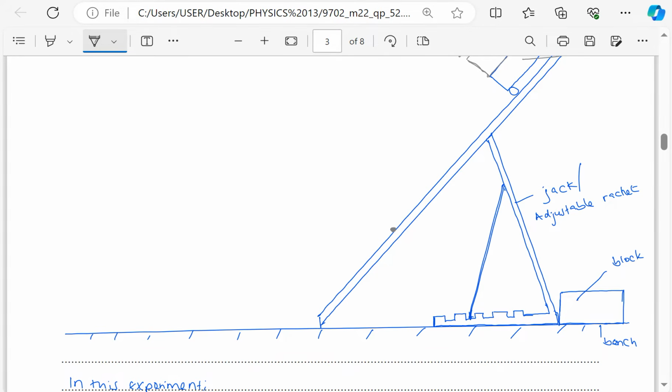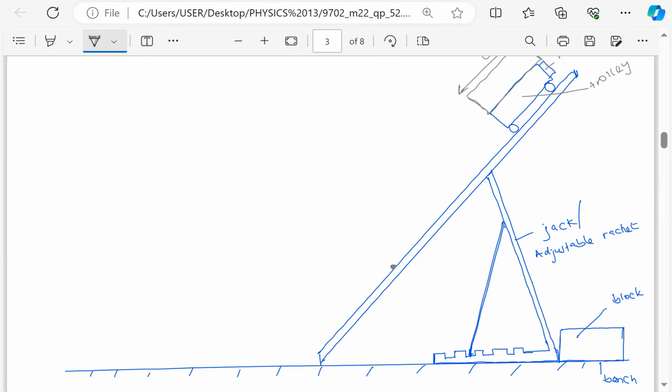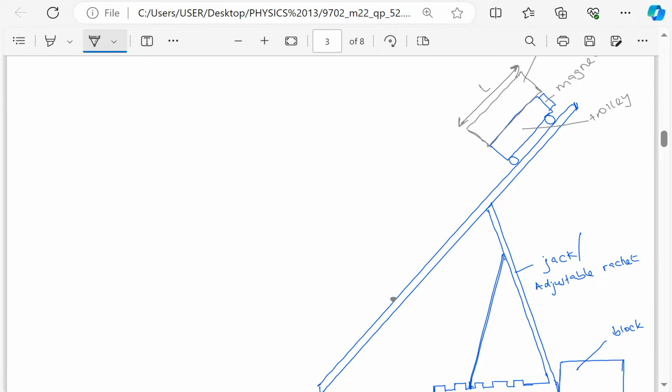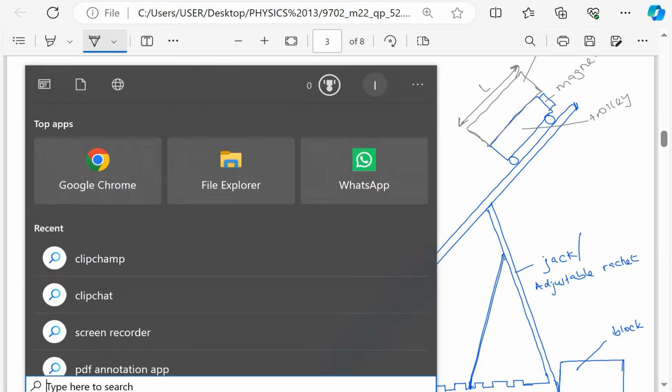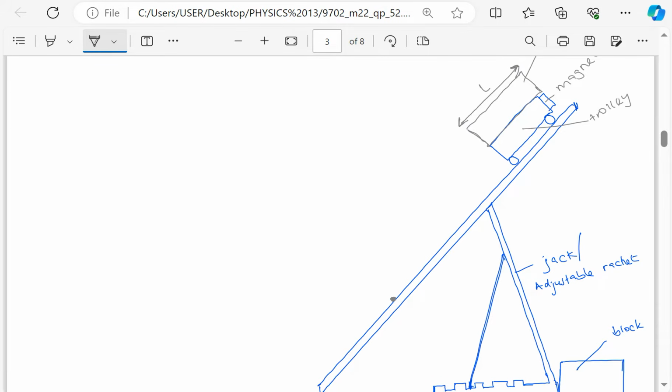So I need to put a light gate. Of course, the light gate must be clamped. So I'll draw a light gate. Sorry about this. I'll draw a light gate here.